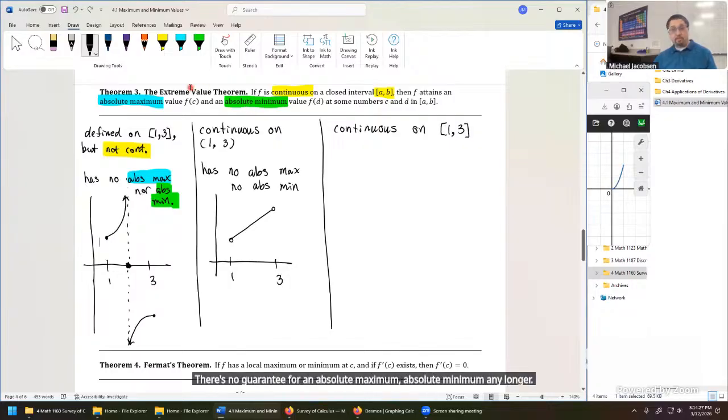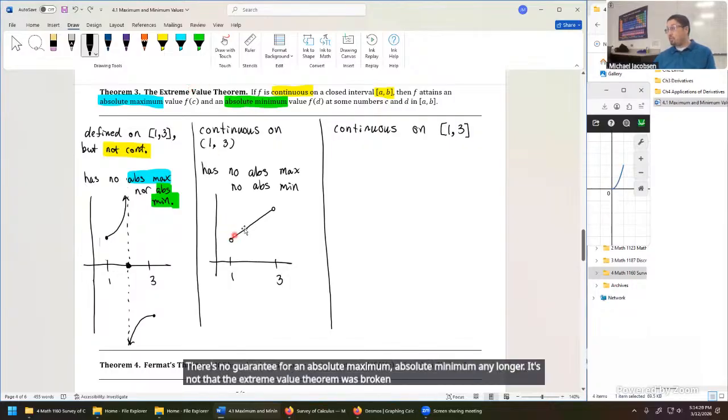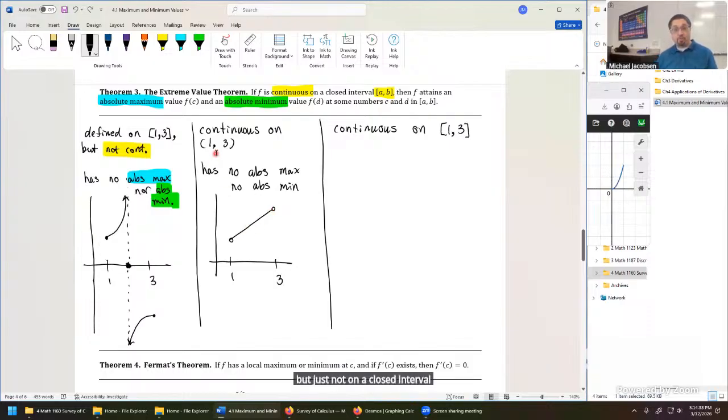It's not that the extreme value theorem was broken. The function was fully continuous, but just not on a closed interval. That interval is open on both ends. So this tells us altogether that continuity and the closed interval are very necessary conditions to getting a guarantee on the absolute maximum and absolute minimum. Any questions with the graph so far?